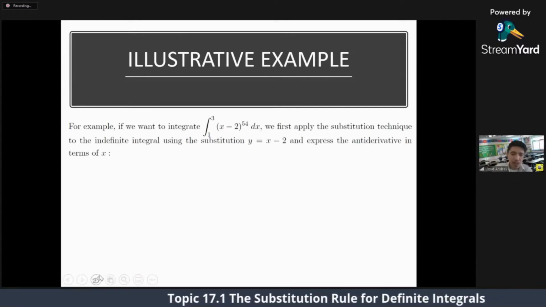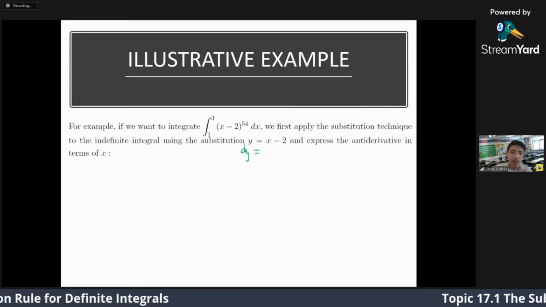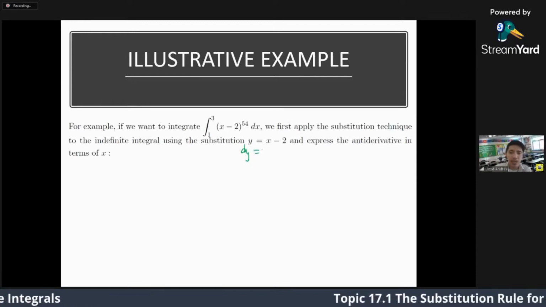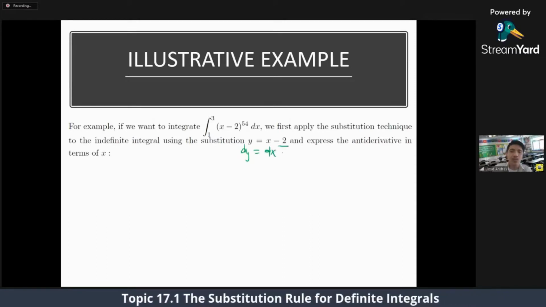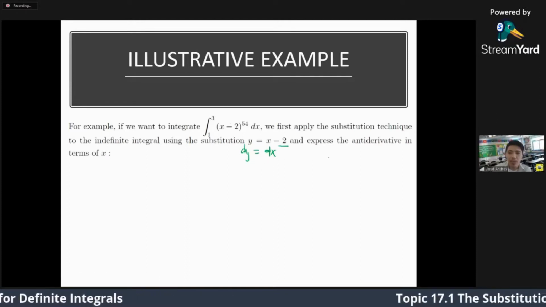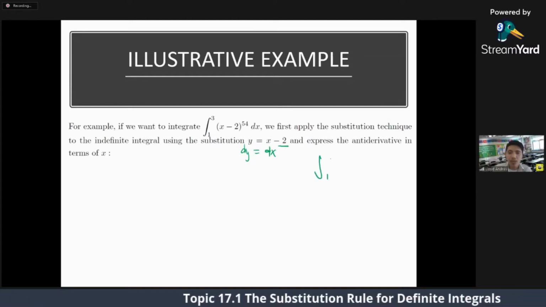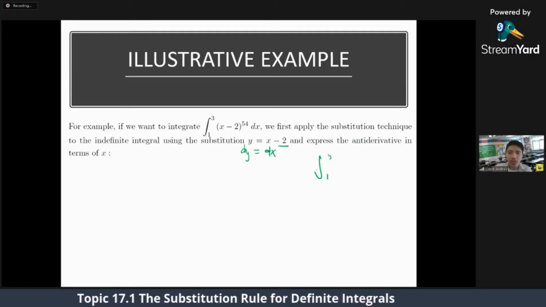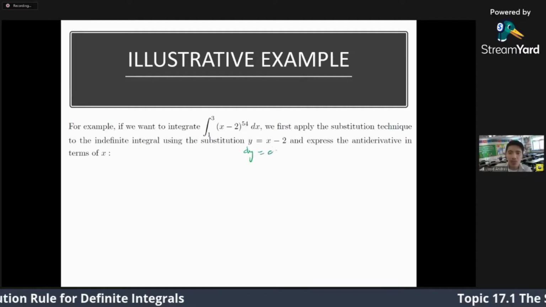After niyo mag-let, mag-differentiate ta, differentiate both sides. dy equals dx na lang kay kaning negative 2 is a constant man. So we now substitute. By substitution that becomes the integral from 1 to 3. Again, this dy is equivalent to dx.